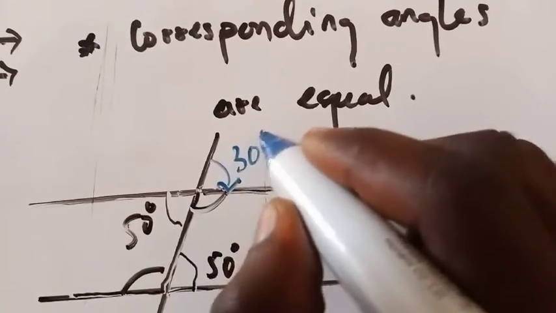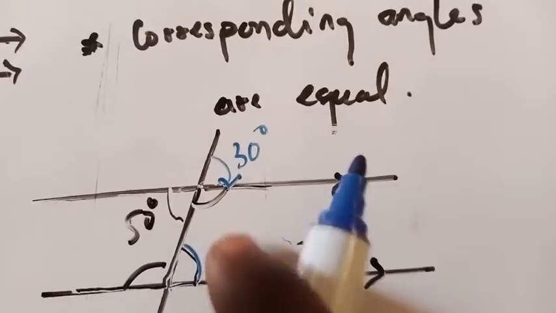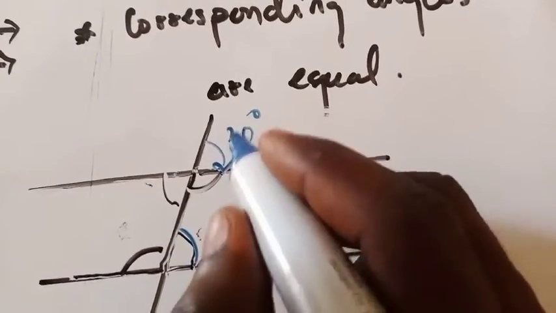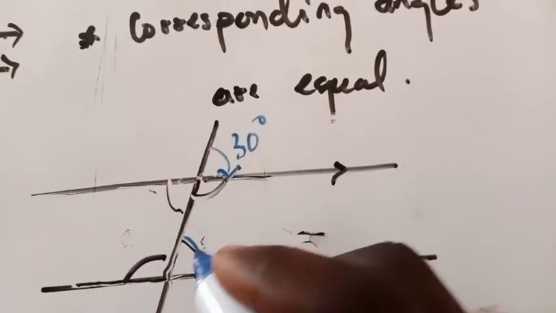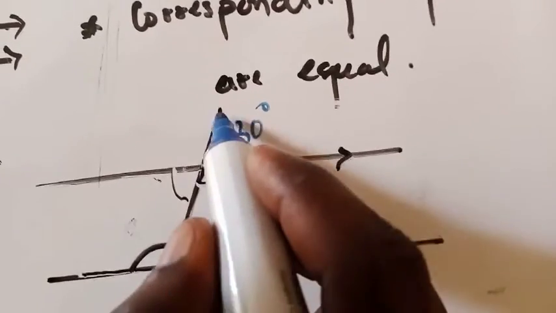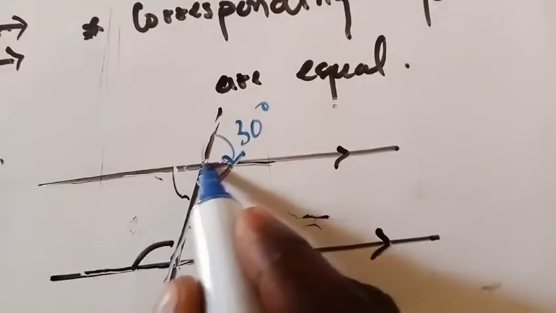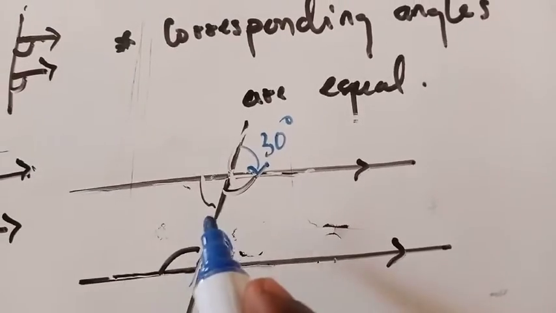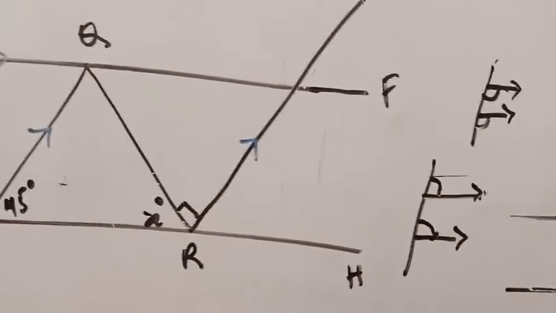Whatever this may be, let's say this is 30, it will be equivalent to, you've already done with the alternates, right? So that will correspond to the one at the top here. Is that okay? Because I can see that F shape out of this diagram, right? So these are the two things that we are going to use in solving this question. Let's see how to apply that method here.